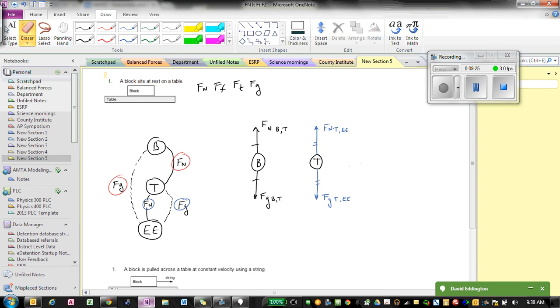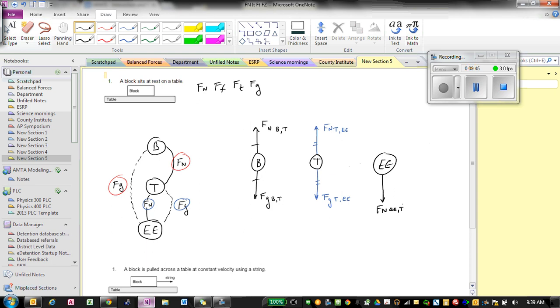Okay, and then we can also draw the interaction diagram for the entire Earth using this diagram, because we've made these decisions already. So the entire Earth would look like this. There would be a normal force on the entire Earth by the table.